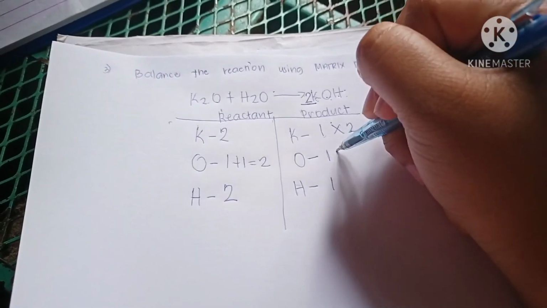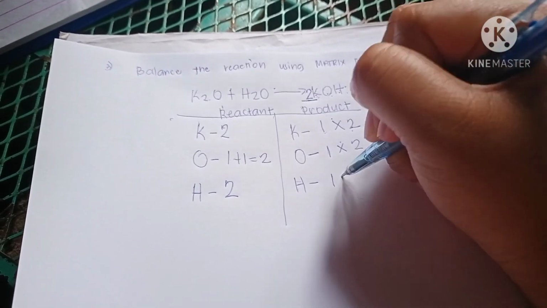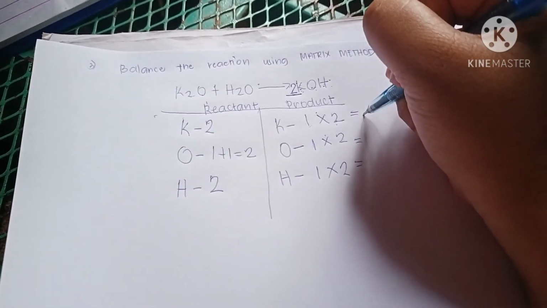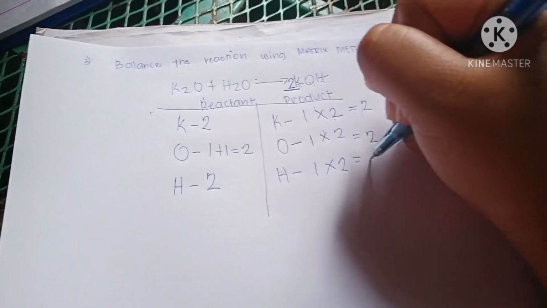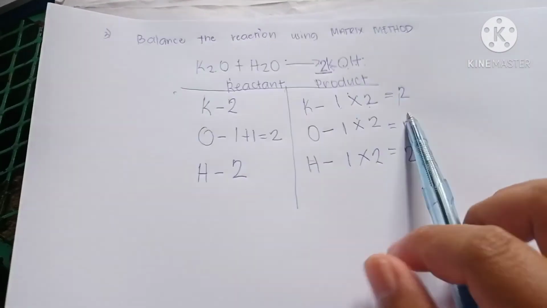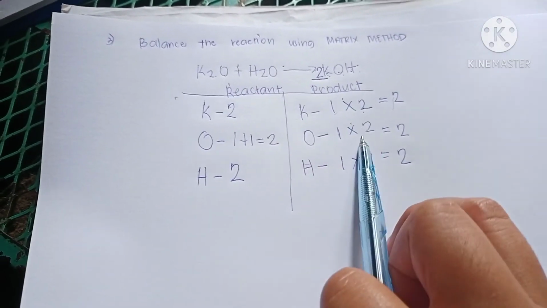So ato silang i-multiply by 2. Ang katong silang tulo. So 1 times 2 is equal to 2. 1 times 2 is equal to 2. So as you can see, balance na sila, diba? Balance na ang atong reactant ug product.